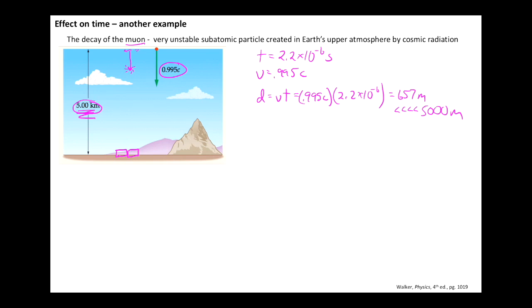So they don't have time, but they still get there. Why? It's because, and we'll do this calculation, for the muon, they have 2.2 times 10 to the minus 6 seconds, but for us, 22 times 10 to the minus 6 seconds pass, which means that there's enough time for them to get from point A to point B, okay?